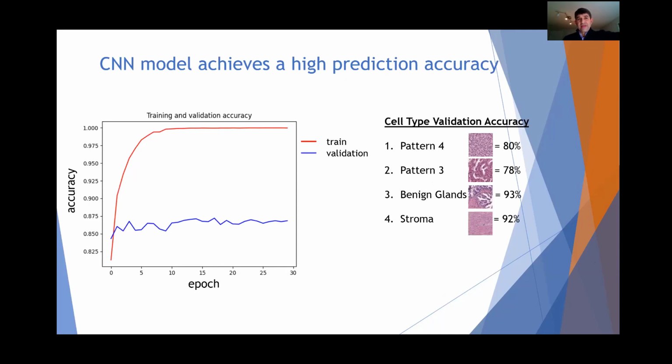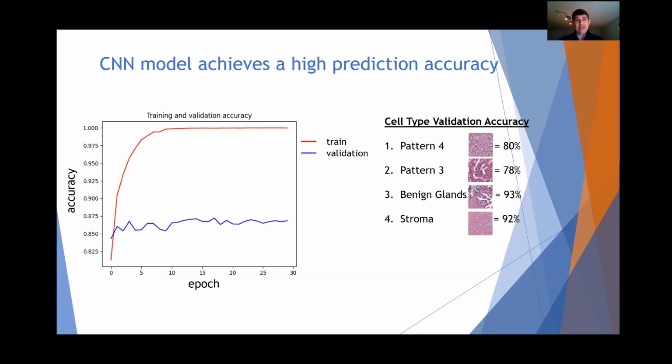So the accuracy of the model is based on the classification of the individual patches. The model reached an accuracy of 100% after 15 epochs in the training data. But that's the training data. So when we actually apply the trained model to the validation data, the overall accuracy was lower, but still quite high at 87%.